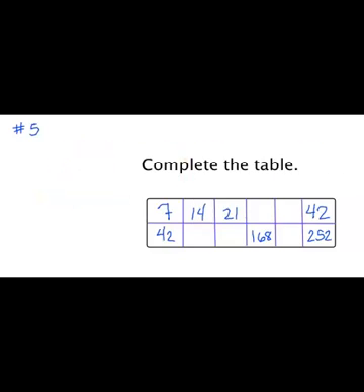What is 14 times 6? Oops, get my pen again. 14 times 6. And that will give us this answer right here. 4 times 6 is 24. I have a feeling my pen is going dead. 6 times 1 is 6, plus 2 is 8. So this one would be 84.